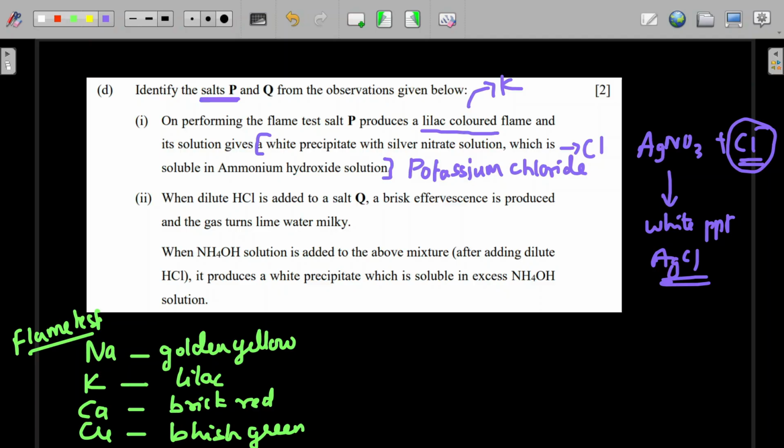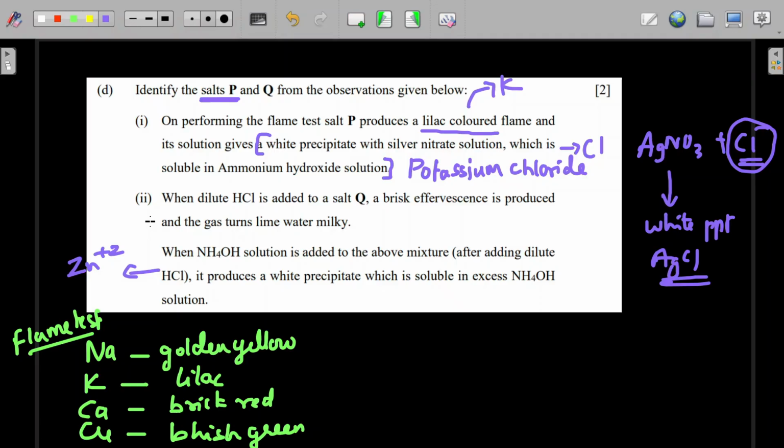So you know zinc is there. And which gas turns lime water milky? Carbon dioxide. Then what should be the anion?